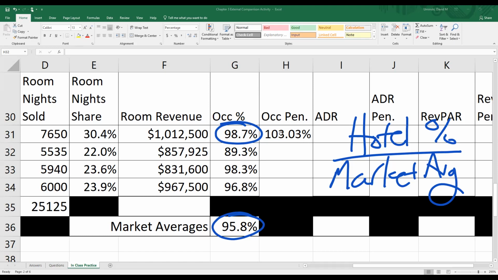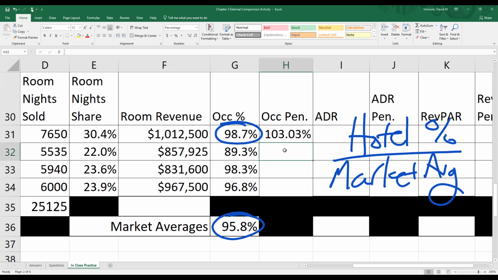We can look at that and say 98.7 is higher than 95.8, right? But in business, we like to use percentages because it shows us how far over we went. In this case, we were 3% higher than the average.